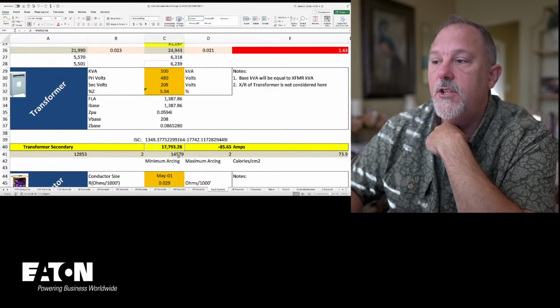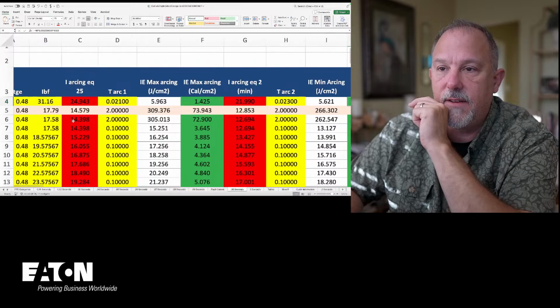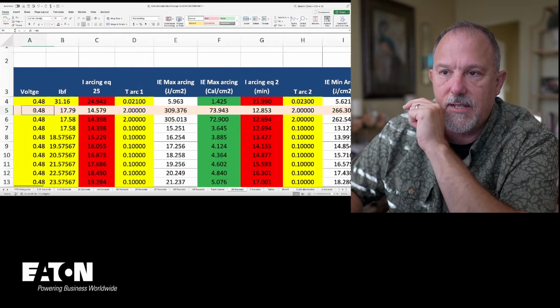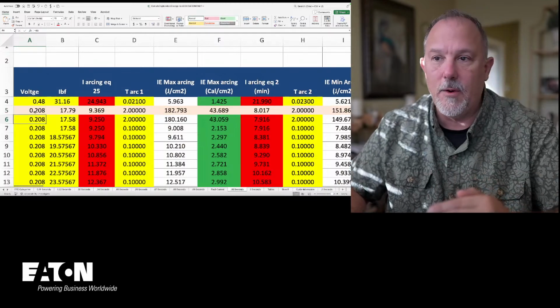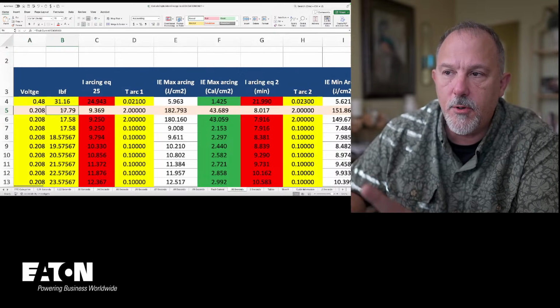All right. So at the secondary, 17,793. This is at 0.208, not at 480. So I got to change my voltage. There's my bolted fault current value.